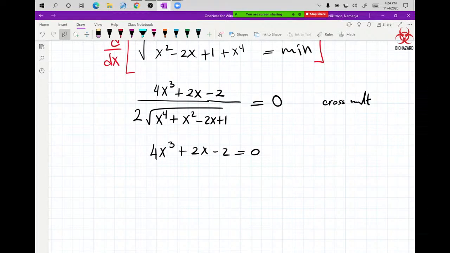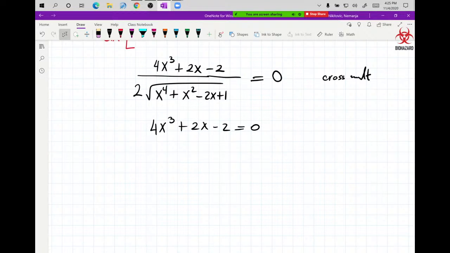Cool. Now I'm not going to waste my time and factor this, because polynomials are the nastiest over here. So I'm just going to go and say factor 4x cubed plus 2x. I'm cheating on the computer because I don't want to sit here forever. Oh, I didn't want to say factor, I wanted to say solve. Solve for x equal to 0. There we go. That's what I need.